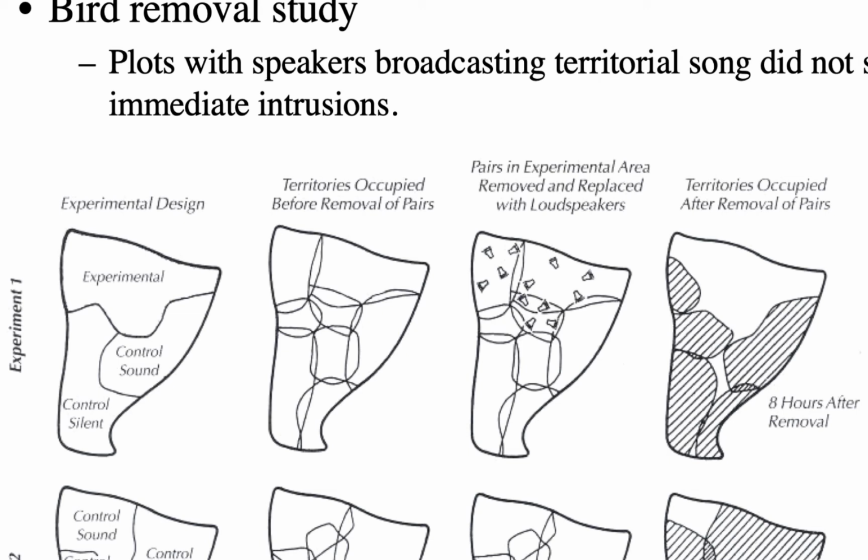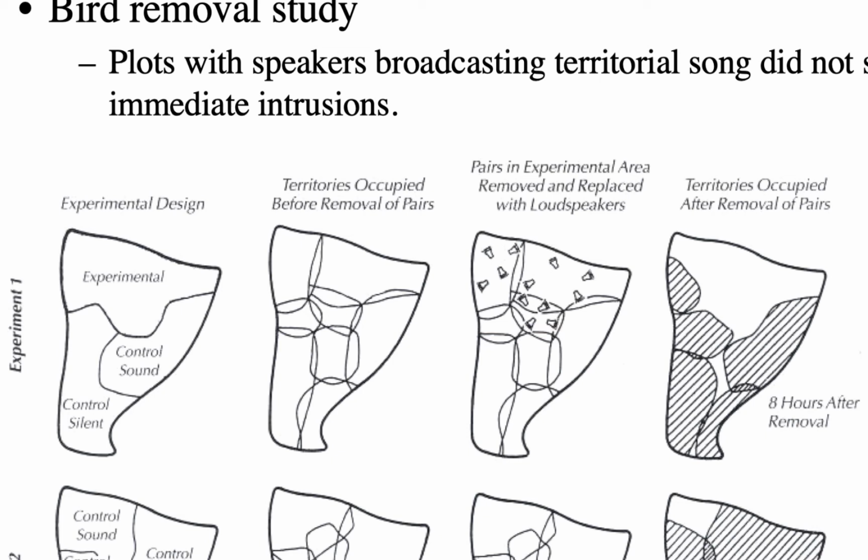They removed all of the birds associated with these territories and put them in cages temporarily during the process. In the experimental group, they played pre-recorded vocalizations of those territorial owners. While they weren't physically there, they sounded like they were there because the vocalizations were being played.